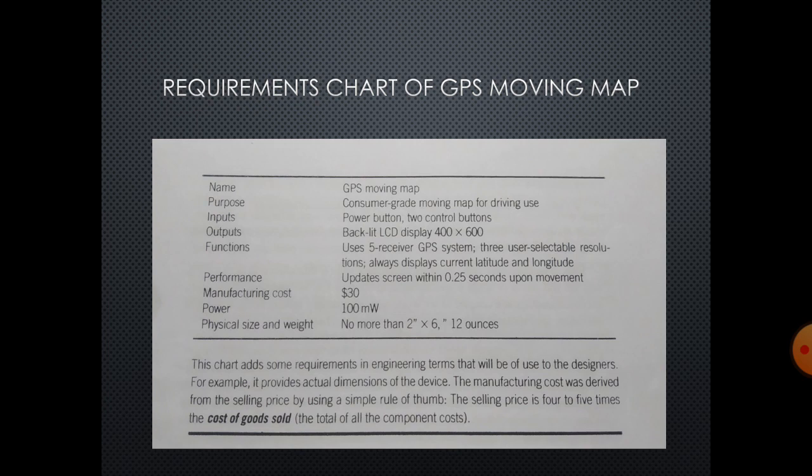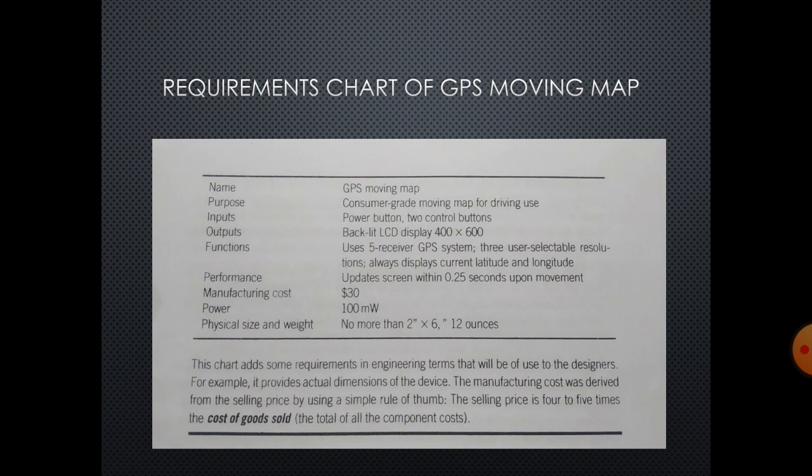It includes 9 points: name, purpose, inputs, outputs, function, performance, manufacturing cost, power, and physical size and weight. While converting from the client's requirement form to a requirement chart, the content will be less.